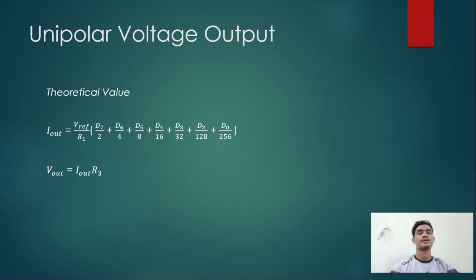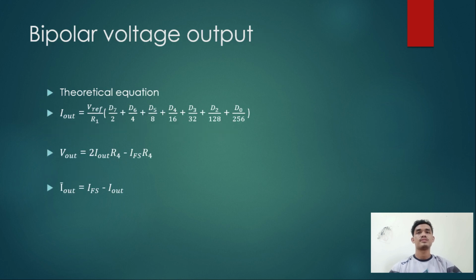For the next slide, this is the theoretical equation that we use to obtain the current output, voltage output, and I bar output, which is the additional part for bipolar voltage output, the current bar output.